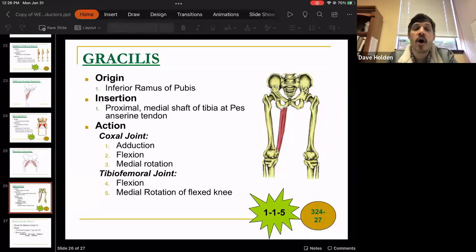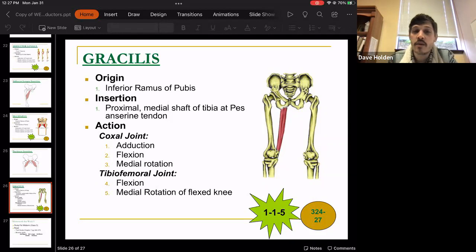So as with all of the other adductors, it gets the same three adductor actions: adduction, flexion of the hip, and medial rotation of the hip. But because this muscle also crosses the knee, we get another pair of actions. Number one is knee flexion. It bends the knee.